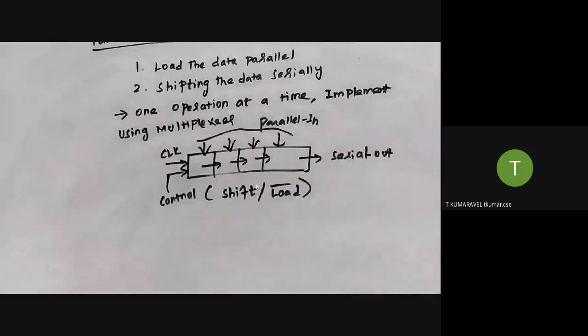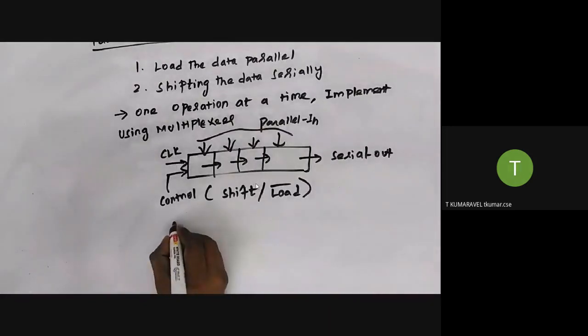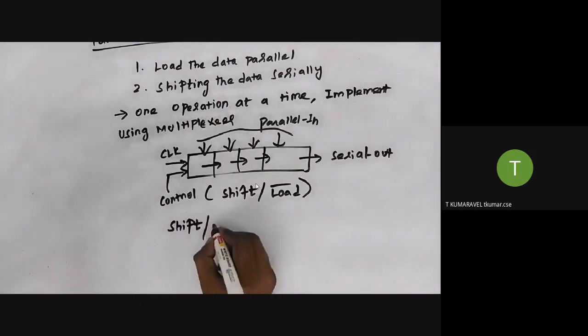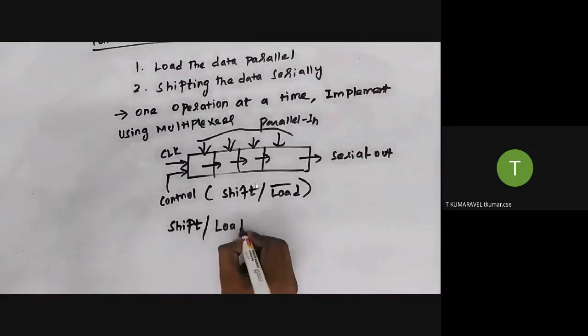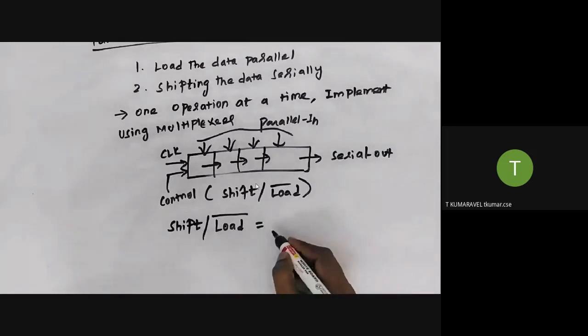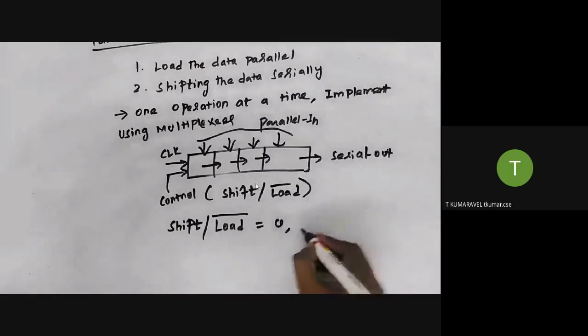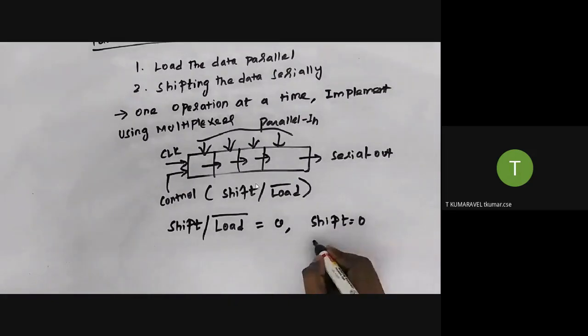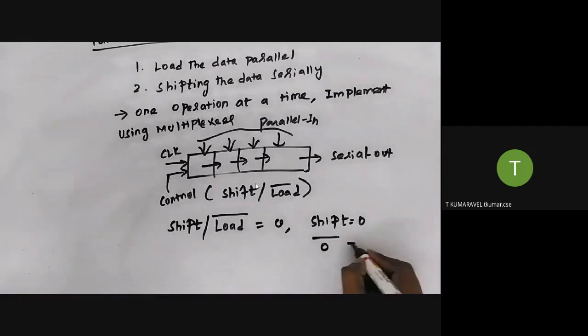Shift, load control signal. Suppose I am a user providing input as 0. What happens? The shift value equals 0, and the load bar is the load complement, so 0 bar is nothing but 1.